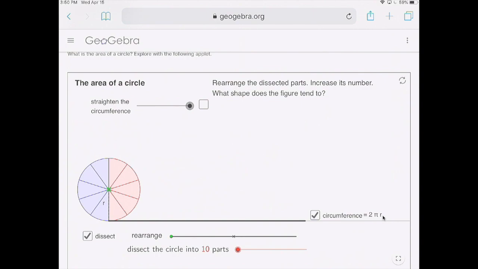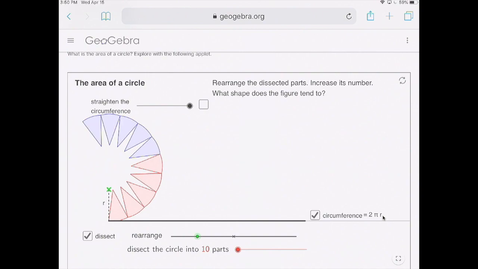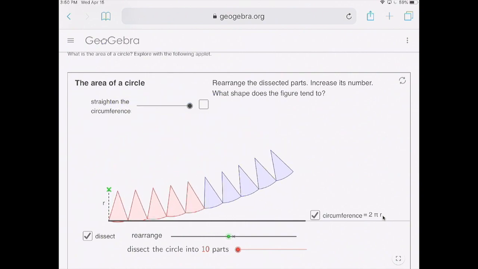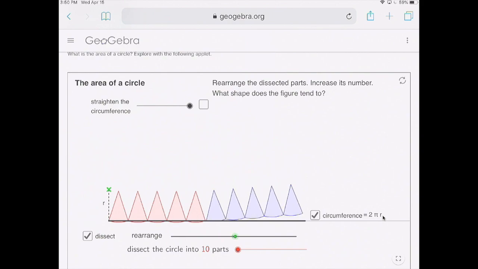If we take that circle and break it into sectors and unwind it, we could actually stretch out that circle to just about reach the full length of that circumference like that. I'm not done moving those slices yet. I'm going to take those slices and close it up like a mouth to make a parallelogram.